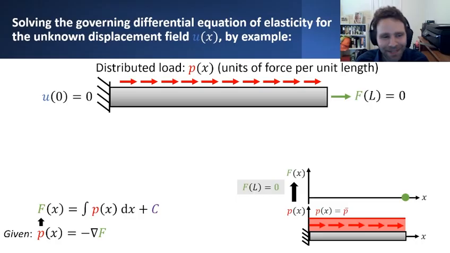By that I mean we start with this description of the resulting distributed load applied along the length of this member, which you can actually interpret as itself also being a function of position. So in that sense, the distributed load could be regarded as also a function or a field, and we could choose to plot what that function looks like in this diagram shown at the bottom right-hand corner of the screen.